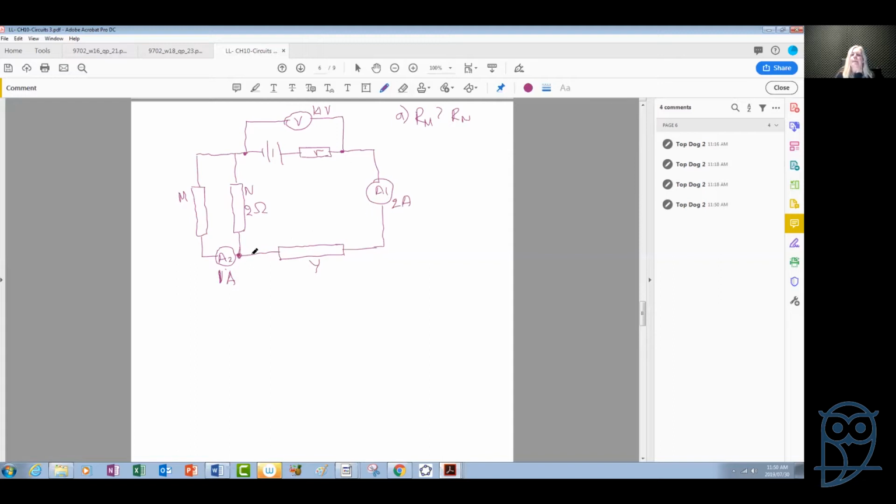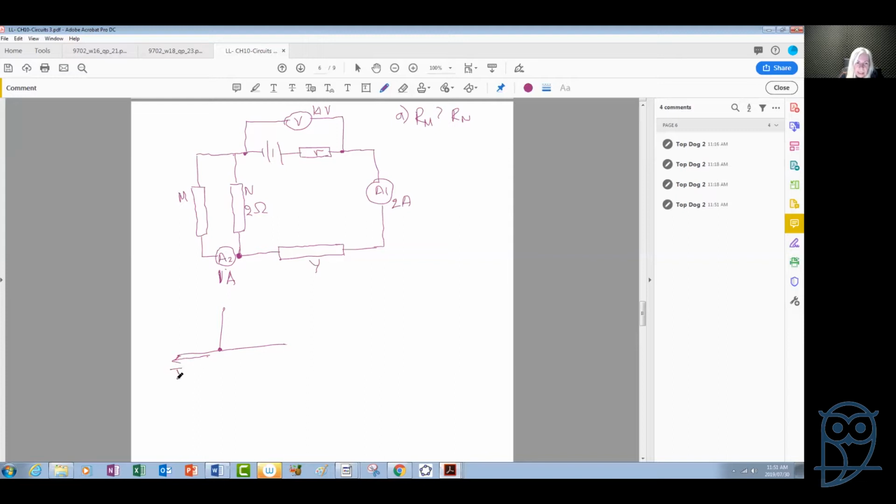If we first apply Kirchhoff's first law for this node, for this junction, look at this. Let's have these wires here separately so that we can see it clearly. What currents do we have meeting at this junction? We have this A2, which obviously should be in this direction.